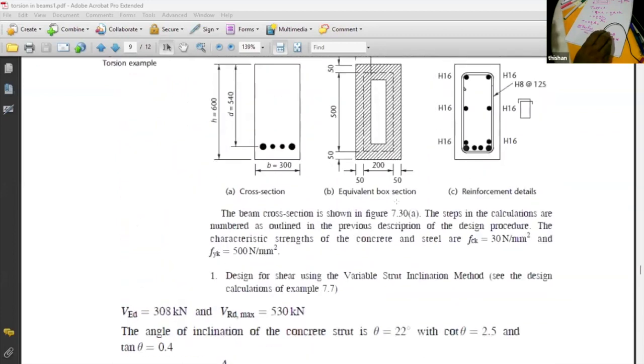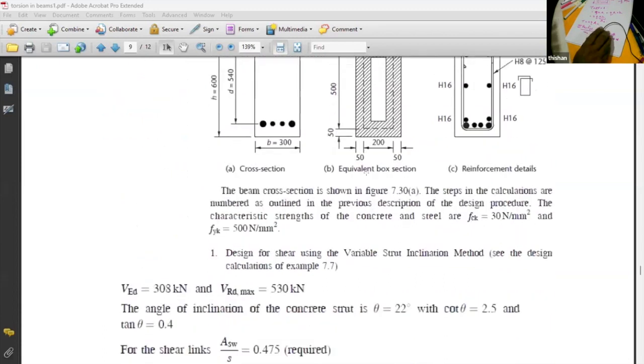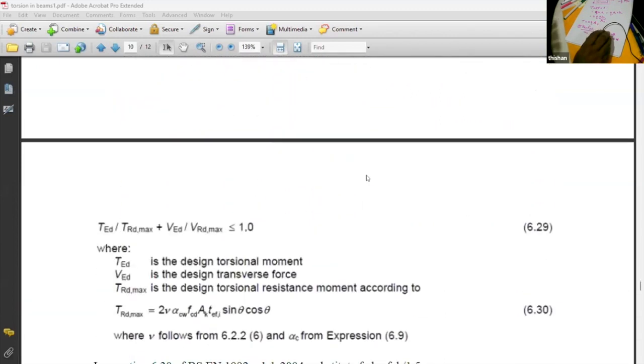That's correct. So that is this plus this plus this plus this. So 1400. So that is the center line.